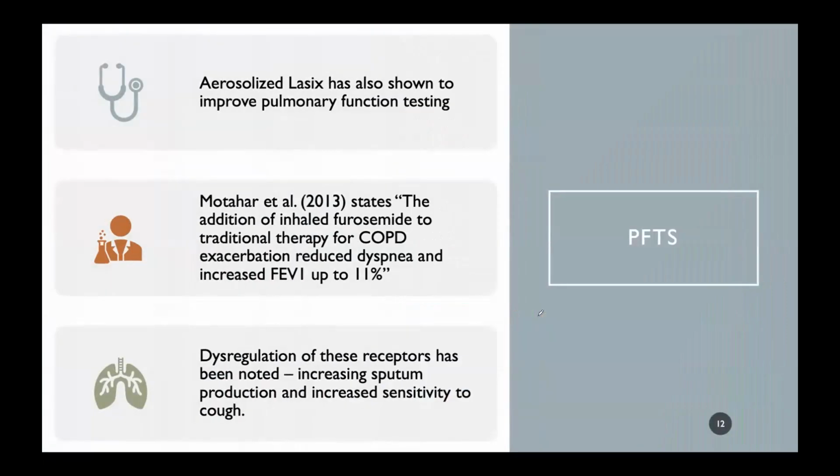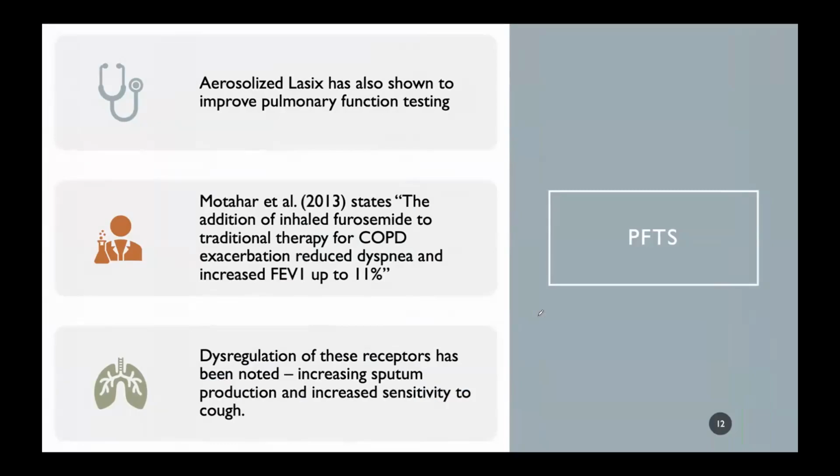What does some literature say? Aerosolized Lasix has been shown to improve pulmonary function testing. I should put it in here, but if I'm not mistaken, that was up to 11% increases in FEV1, versus salbutamol, and saline versus Lasix and saline. Salbutamol being, I think, 7%. I can send whoever wants the references for that.